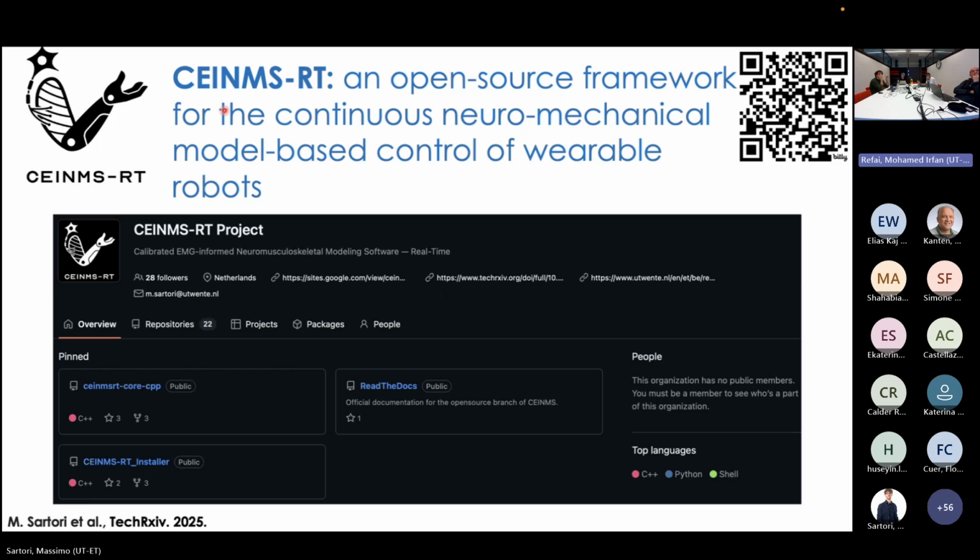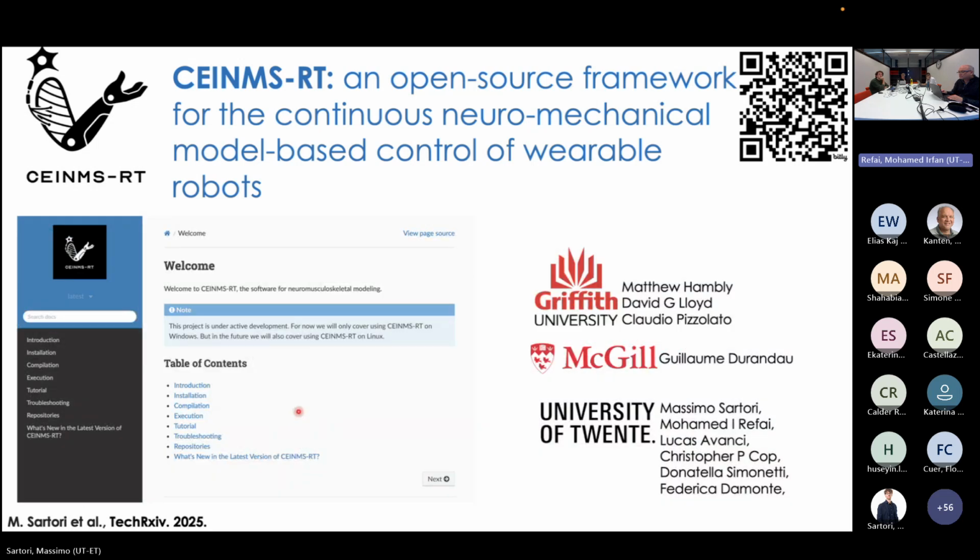So now we recently made this toolbox operate in real time. The code has been optimized to work in real time. It's pretty fast. And we made this toolbox available on GitHub, and Irfan later on will give a little bit of an overview of the GitHub website.